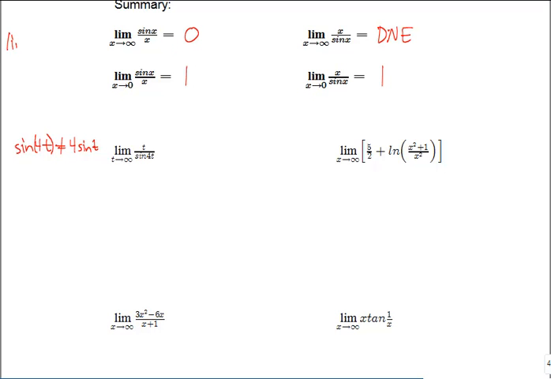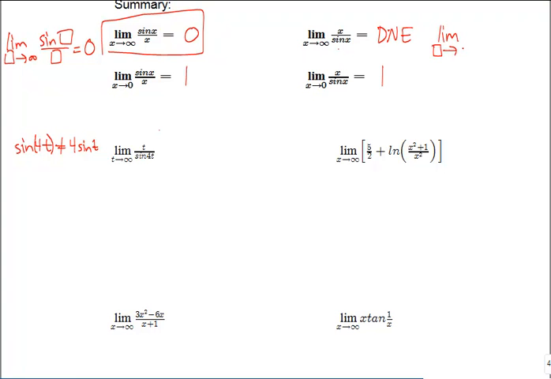So what we're going to use is the limit of sine of box over box as that box goes to infinity will still be 0. So it's just a generalization of this limit theorem, where instead of just having a plain old x, I can have any expression that I want. And in this problem, I have a 4t instead of an x. And it would also be true in the reciprocal form as well.